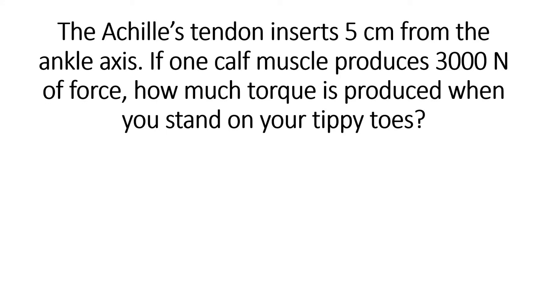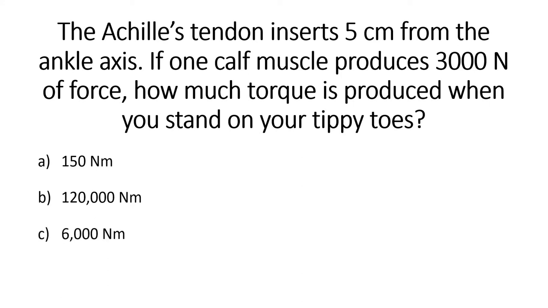If one calf muscle produces 3,000 newtons of force, how much torque is produced when you stand on your tippy toes? Is it A, 150 newton meters, B, 120,000 newton meters, C, 6,000 newton meters, or D, 300 newton meters?